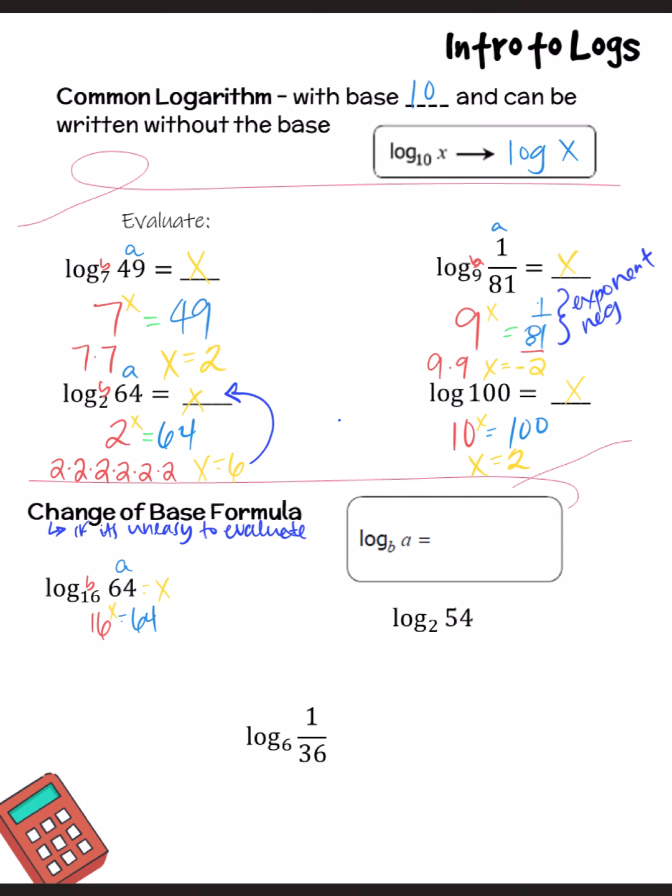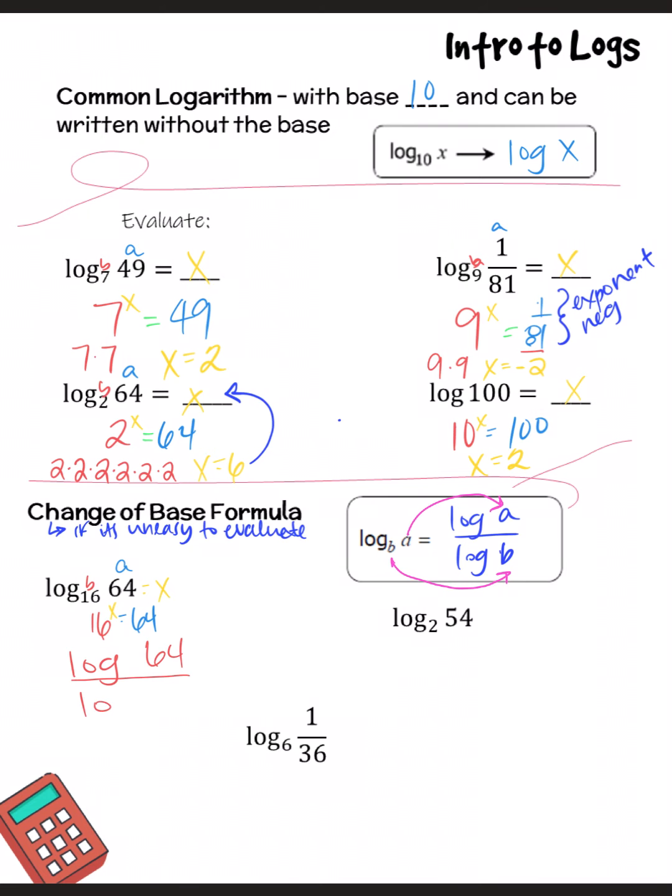So we are going to change our log into log base 10 of A over log base 10 of B. Our B is this one, that's where that comes from, and this is the A. So we're going to change this into log base 10 of 64 over log base 10 of 16.